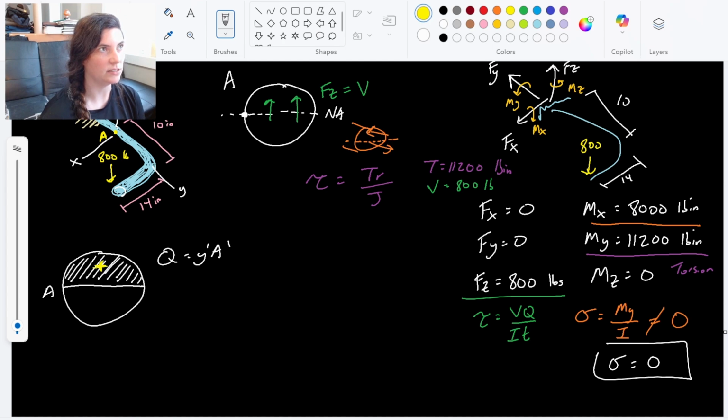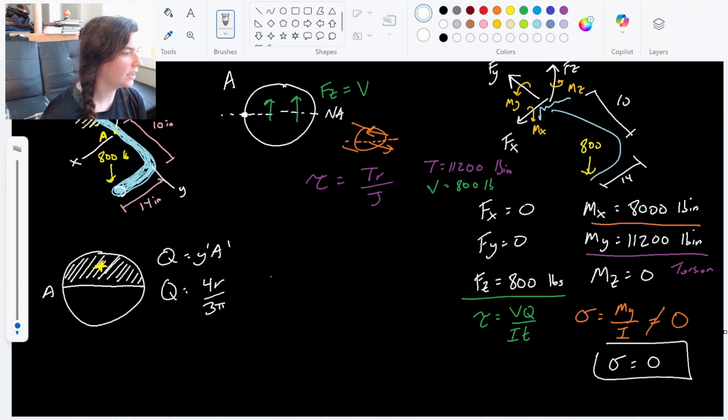I'm sure it's in a chart somewhere. When we look that up, the centroid of a semicircle has the equation 4r over 3 pi, and the area for a semicircle is 1/2 pi r squared.